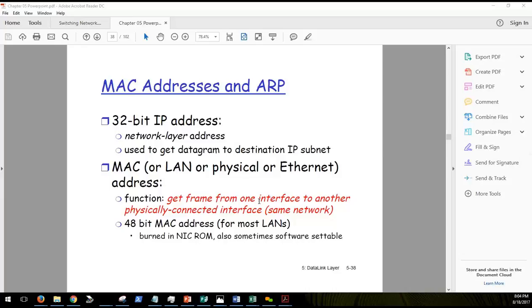In order to plug an Ethernet cable into something, it has to have a NIC. So what devices do we plug Ethernet cables in?